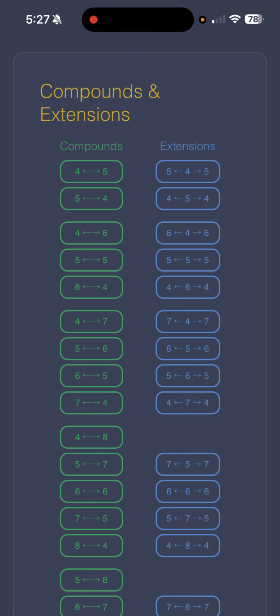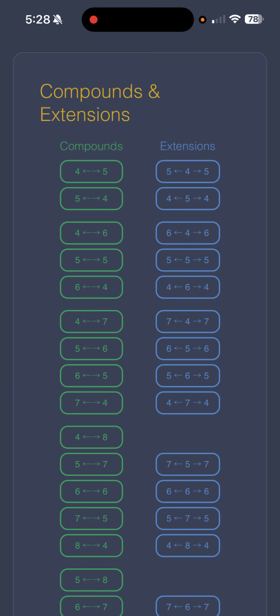So if we look at the first one, 545, the number in the middle always indicates the valid word, and then the extension is indicated by the numbers on the two flanks, and they're always the same.